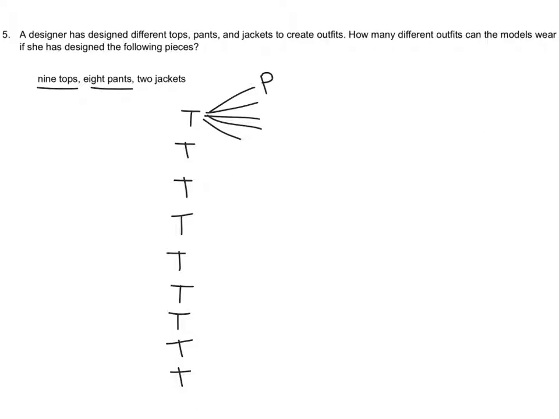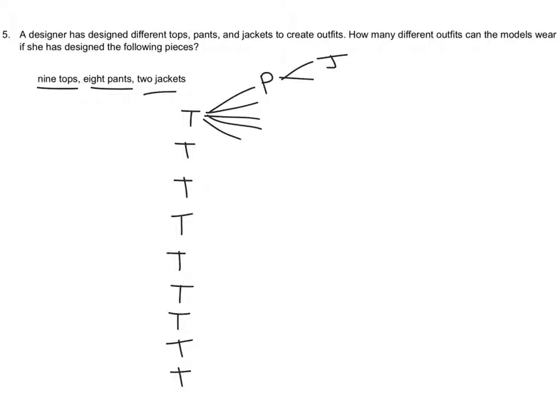And then from the pants, we would draw 2 branches from there to represent the jackets. Now remember, the last column of our tree diagram represents all the different ways, so the number of branches in the last column is the number of different outfits for this problem.